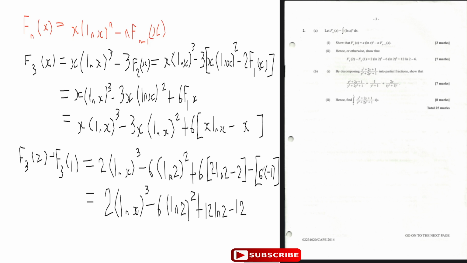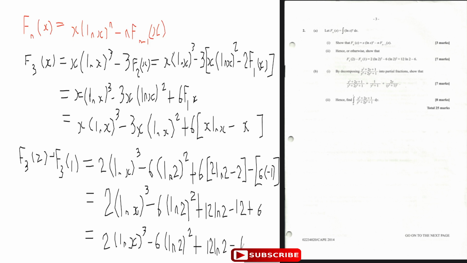Then this looks like minus minus, that becomes plus, so it becomes plus 6. So finally the final answer is 2 ln 2 cubed minus 6 ln 2 squared plus 12 ln 2, then minus 12 plus 6 is just minus 6.